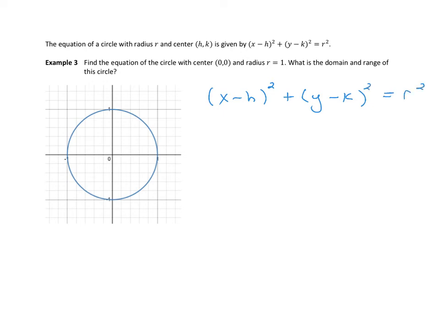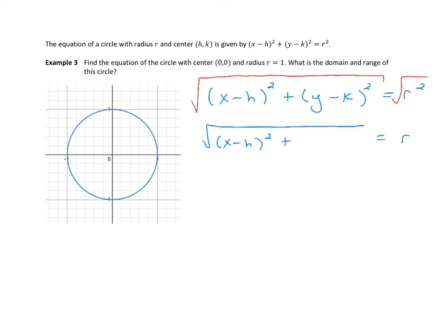By the way, where this formula comes from, if you take the square root of both sides, well, on one side you get r because the square root of r squared is r, and on the left you have the square root of x minus h squared plus y minus k squared. It doesn't quite look like it, but this is the distance formula. This part is the x2 minus x1, and this part is the y2 minus y1.